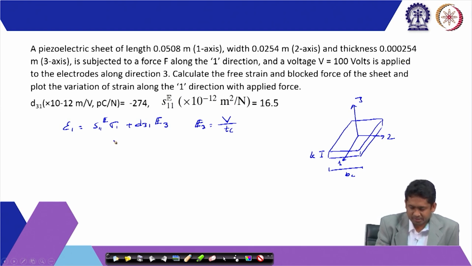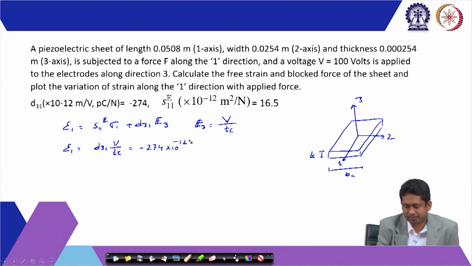Free strain means the piezo is not constrained, it can expand freely. So, the stress is 0. In that condition the equation reduces to S11 equal to just d31 V by tc. d31 is given to us as minus 274 multiplied by 10 to the power minus 12.